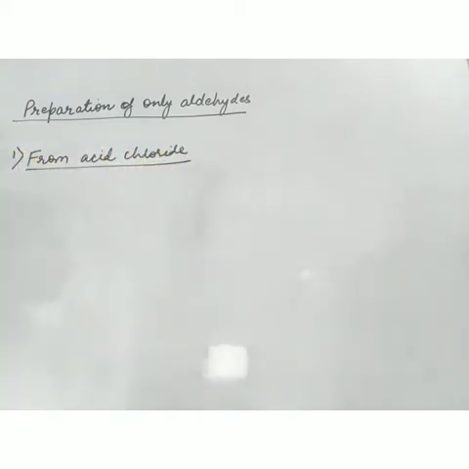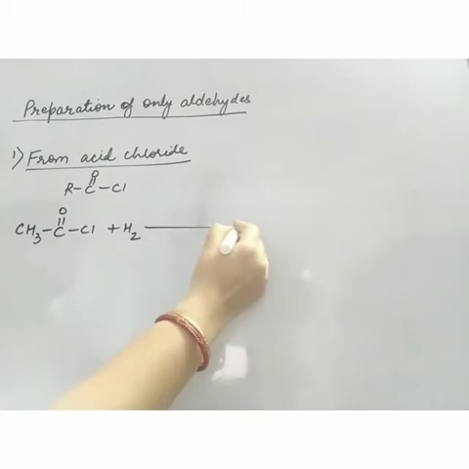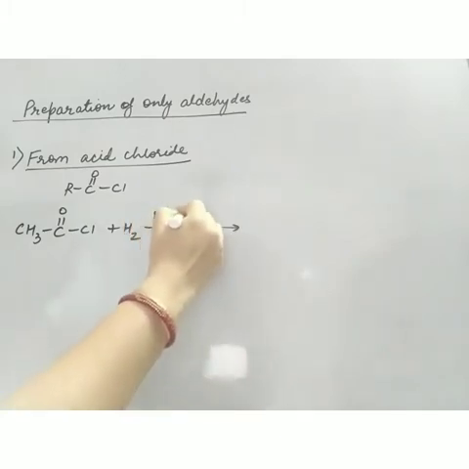Acid chlorides are acid derivatives, that is RCOCl. One example I am taking here: suppose this is my acid chloride, CH3COCl. Now reduction is done, meaning addition of hydrogen, in the presence of palladium BaSO4.